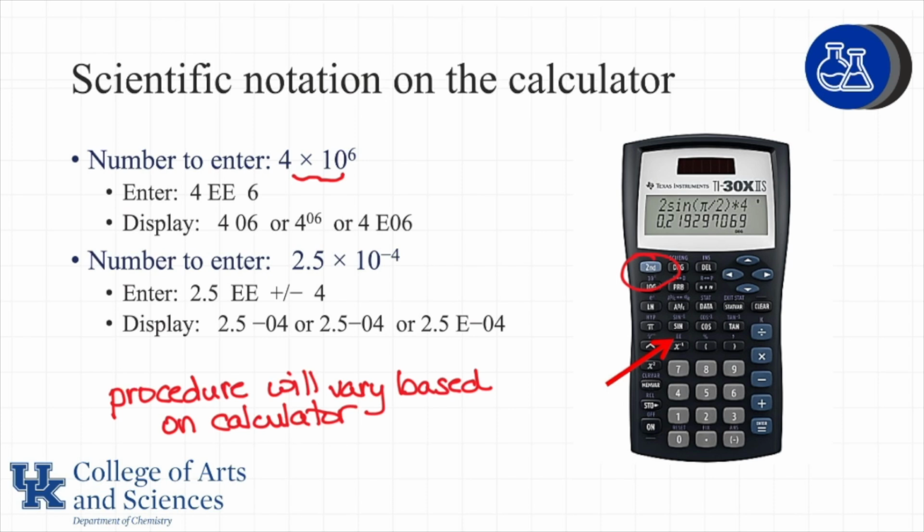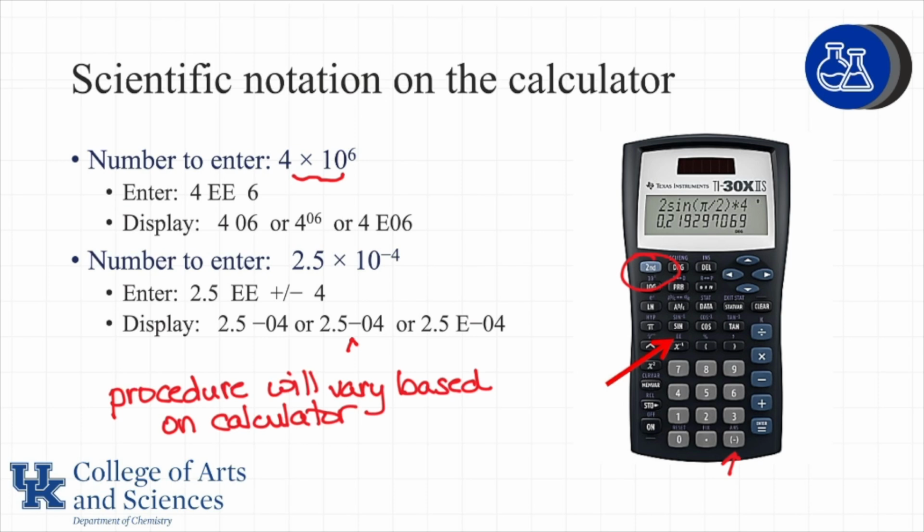Now, if I want to enter a number that has a negative exponent, I'm going to enter the 2.5, then second EE, and then either the plus minus button or the negative button on the calculator, and then 4. Again, that plus minus button will be labeled different things on different models. And then what I'll see happening is I'll have 2.5 minus 04, 2.5 with the exponent superscripted there, 10 to the minus 4, or minus 04.